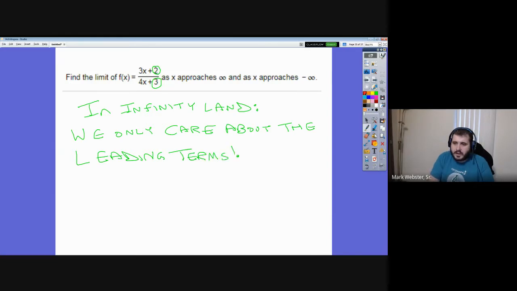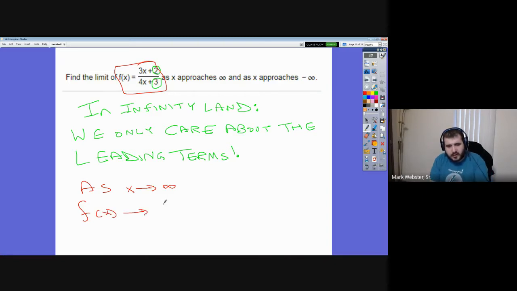So what's really going to happen here is this: as x approaches infinity, f of x approaches this. The other terms there don't matter.